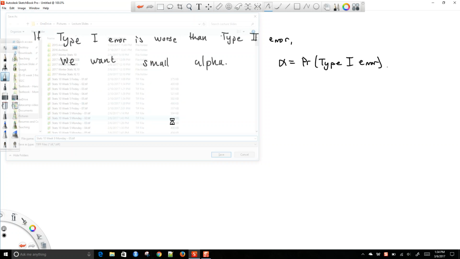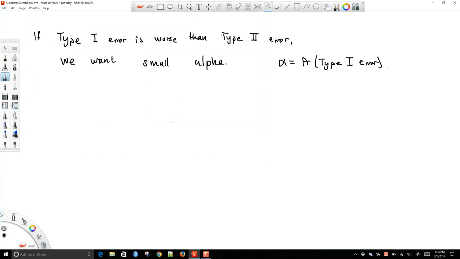They don't say use a small alpha in making your decision, but what do they tell the jury? Beyond a reasonable doubt. That is the phrase that they use, which effectively says use a small alpha.